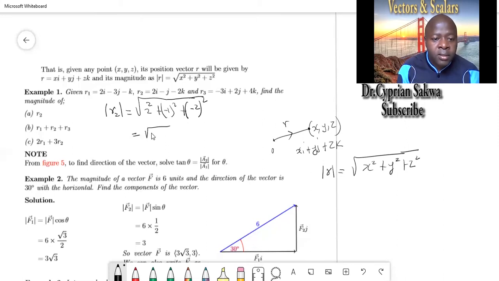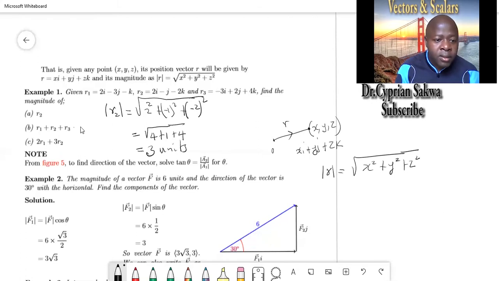In fact, it's the square root of 4 plus 1 plus 4, which is 3 units, because this will be 9, and the square root of that is 3.